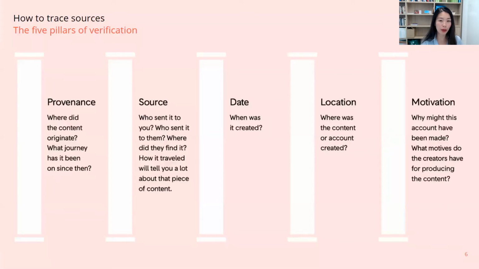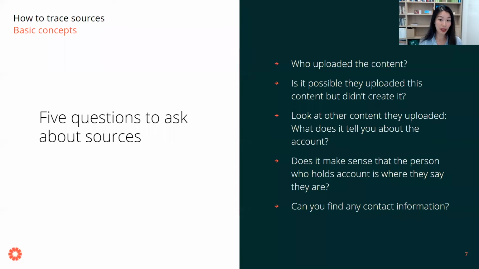So like took the photo or filmed the video or wrote the piece of content, right? And that may not be the same sometimes as the person who uploaded the content. So it's really important for us to get to the bottom of it and find out who really is the source.